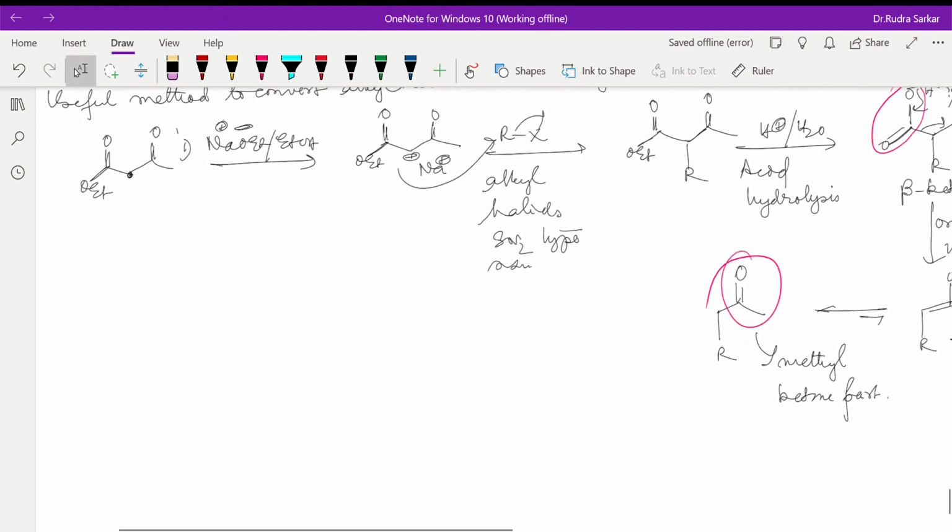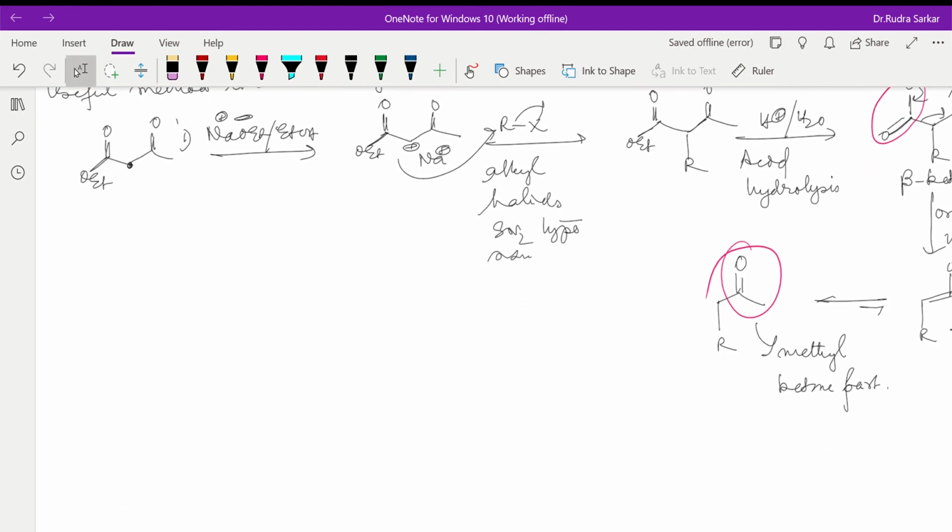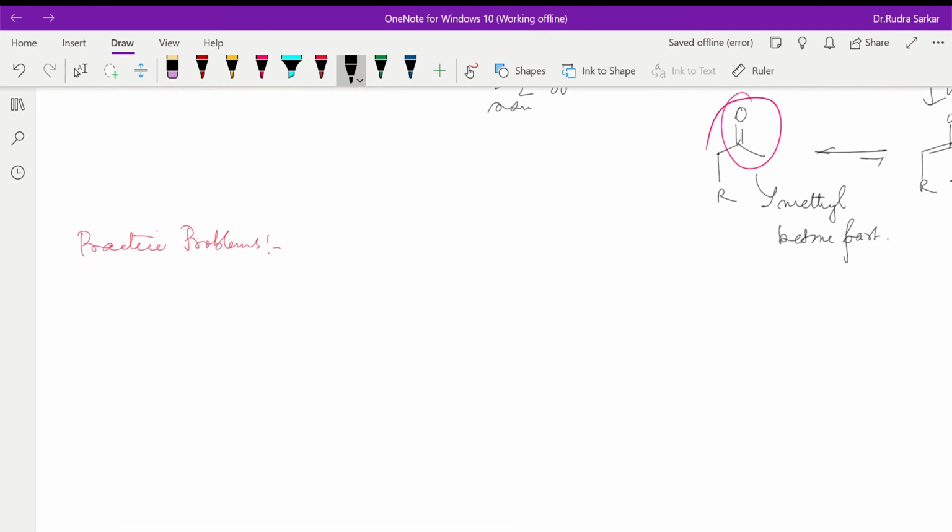Okay. Now let's do a few more practice problems, just to give you an idea. Okay. Now suppose same thing, ethyl acetoacetate, you treat with NaOET, in the presence of ETOH, excuse me.